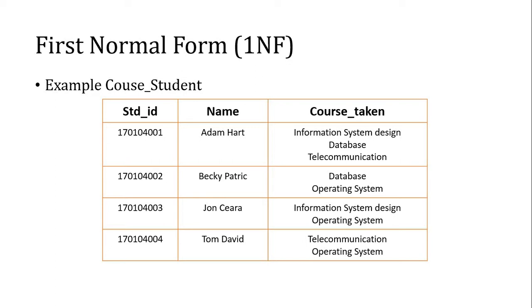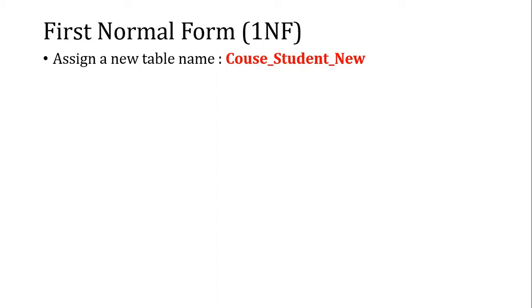So this table is not in the first normal form, so we have to make it in the first normal form. How can we make it? As the table course student was previously created, if we want to modify it, we have to rename it. So what do we have to do?